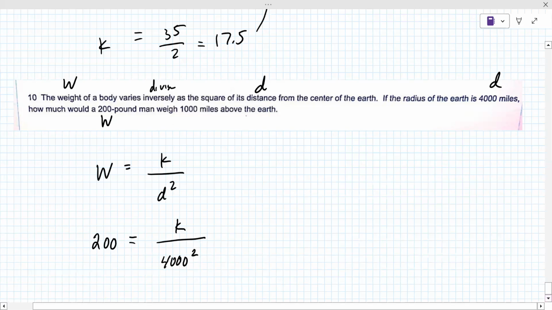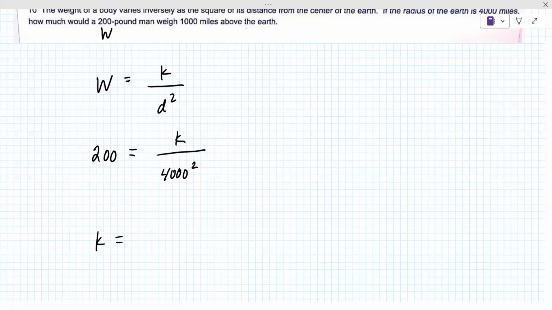K is 200 times 4,000 squared. I'm going to definitely grab a calculator for this.